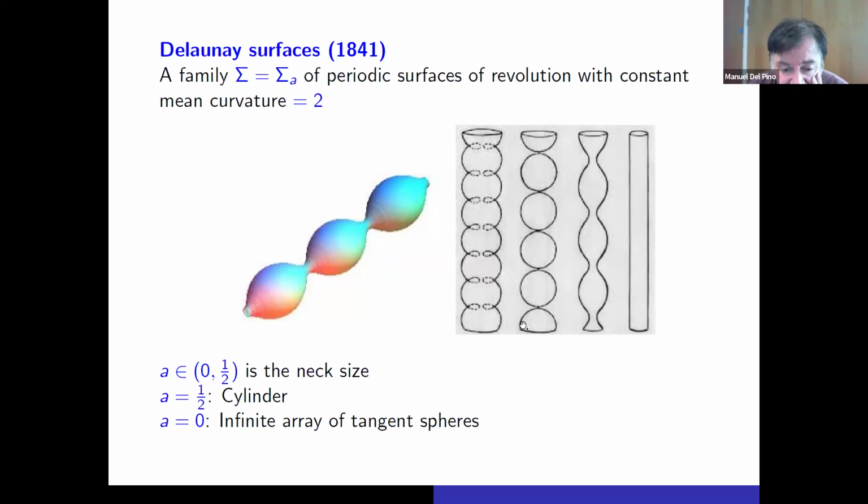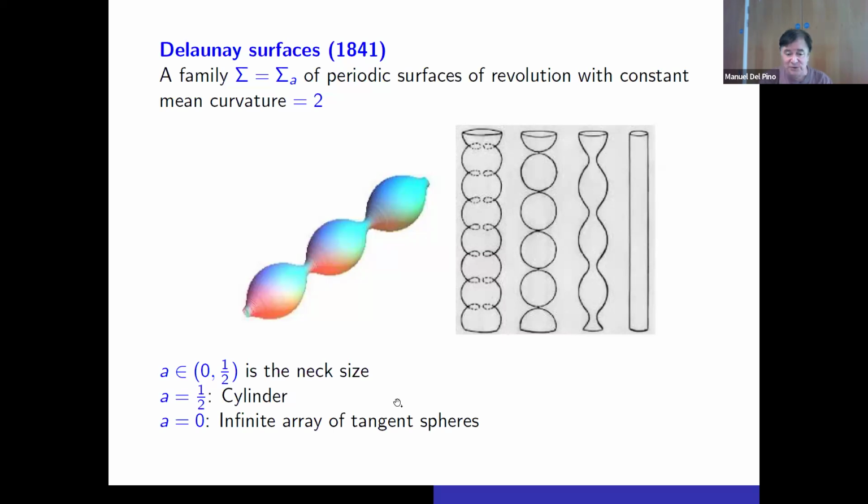Oh, and even more, actually. You can go in this family for even negative parameters, but in that case, what you see are surfaces that are no longer embedded. They have self-intersections, like in this picture. I will not be interested in this part of the picture, but I will be interested from here and on, here to the right.